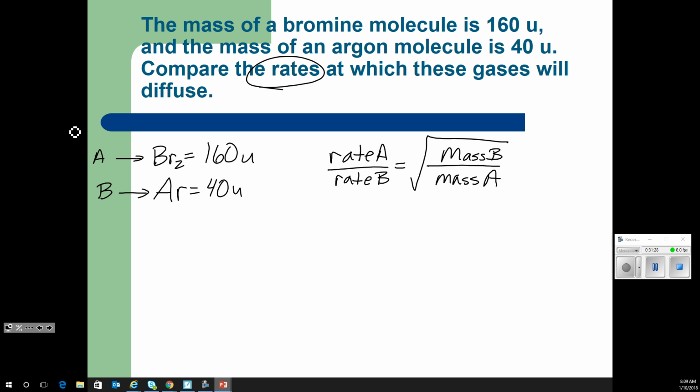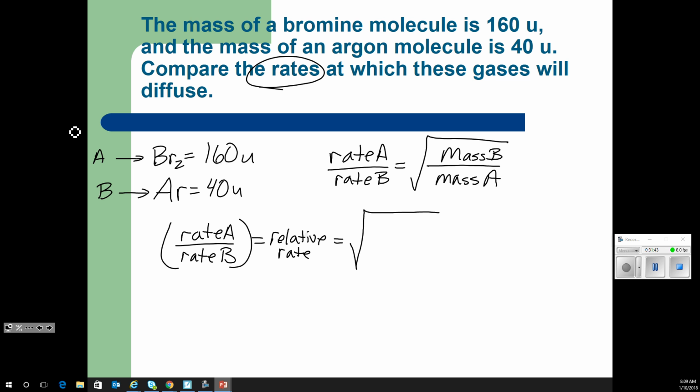So the rate A to B, relative rate, this is also known as relative rate, which is that fraction, is equal to square root. Mass of B was 40 U. Mass of A was 160 U. The U's cancel. And this becomes square root of 1/4, right?